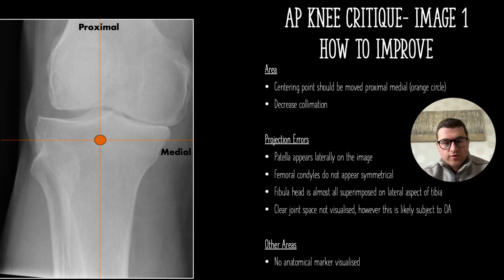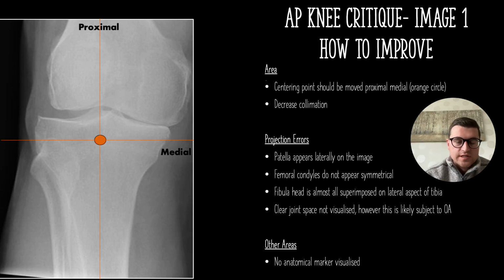So then how do we improve this image? If we look at our previous slide and compare it to this one, our centering point has been drawn out and it's come more medial, and I've moved it proximal, which is what we should be doing. We should be repeating the previous image.